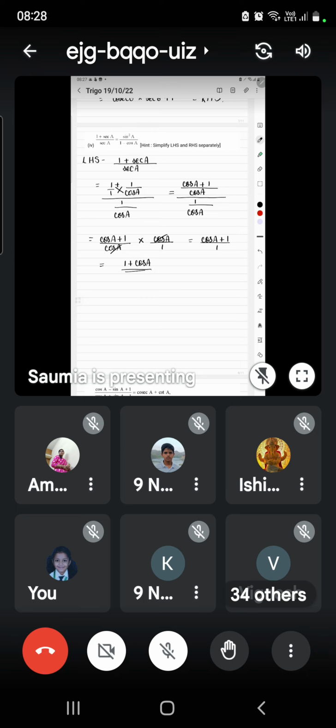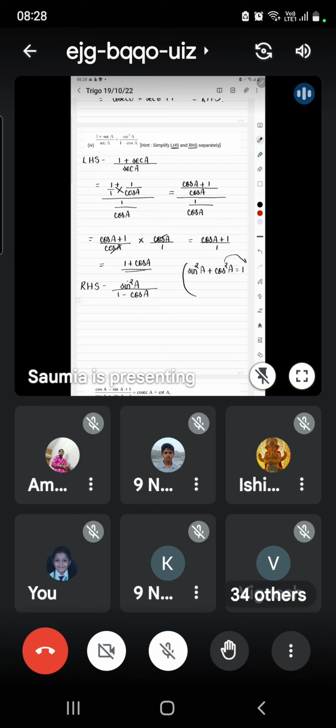Now, in this question, they tell us to simplify the LHS separately and the RHS separately. So let's now start with RHS. What is RHS? Sine square A upon 1 minus cos A. Now, I know the identity sine square A plus cos square A equal to 1.